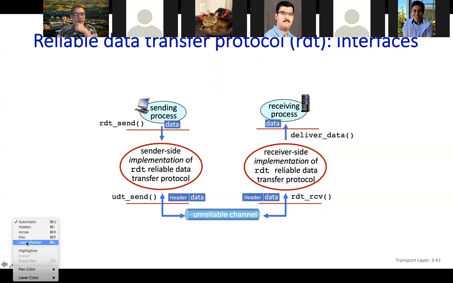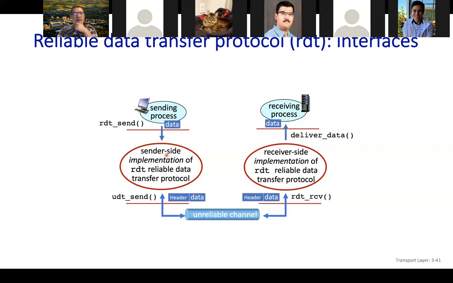Oh, I should change to a later point, otherwise you cannot see my mouse here. So, here is a UDT sender, through the unreliable channel to the reliable data receiver, and it delivers the data to the application level.